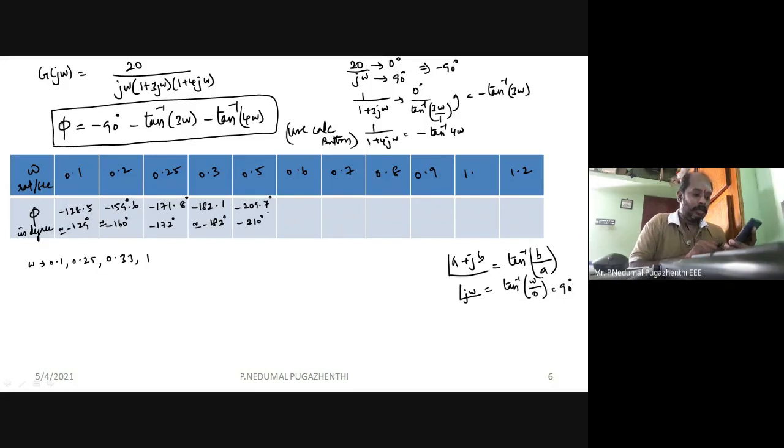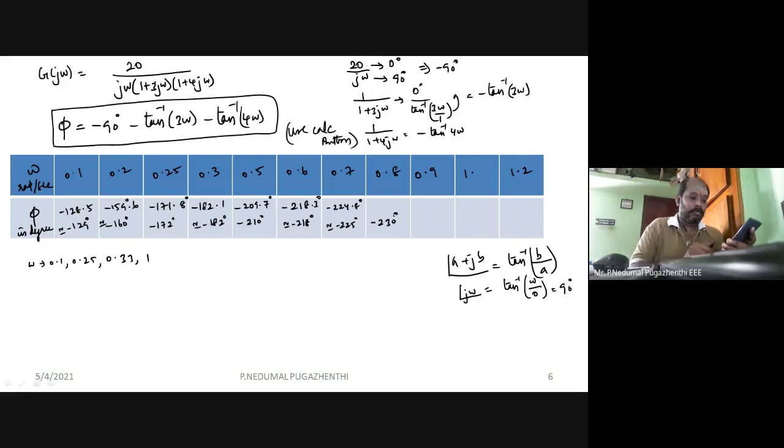Calc 0.6: minus 218.3, so I will put it as minus 218 degrees. Then calc 0.7: minus 224.8 degrees, which is around minus 225 degrees. It goes on. For 0.8, I will directly put my rounded off value, minus 230 degrees.